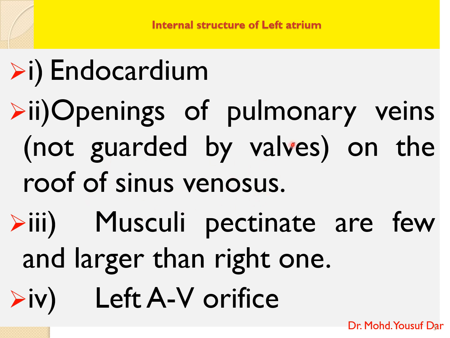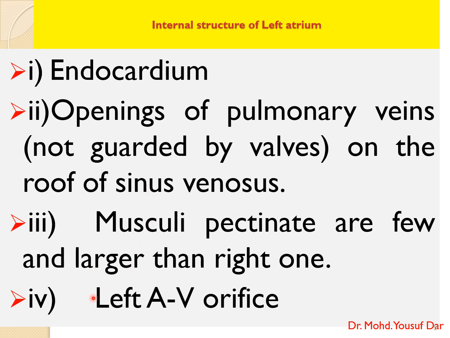These pulmonary veins are not guarded by valves, as we have seen in the aorta and the pulmonary artery. This left atrium is also lined with muscular ridges known as musculi pectinate. These musculi pectinate are few in number and they are larger as compared to that of the right atrium.